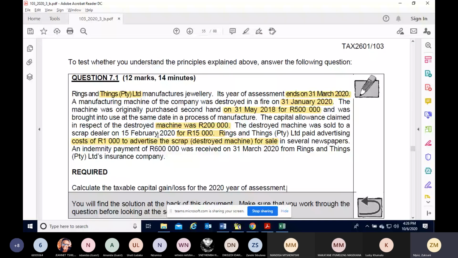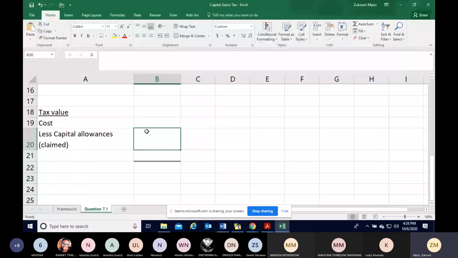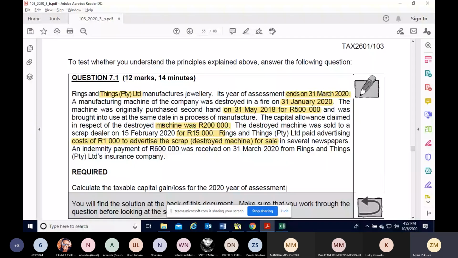So let us look at this. You are told that the machine was originally purchased second-hand on 31st for 500,000. So what is the cost? The cost is therefore 500,000.